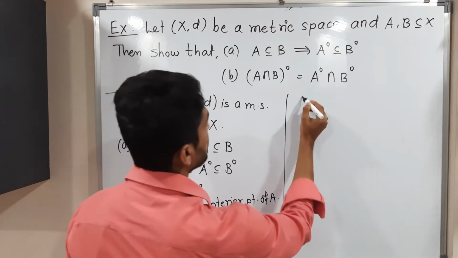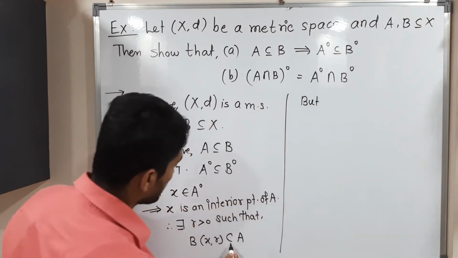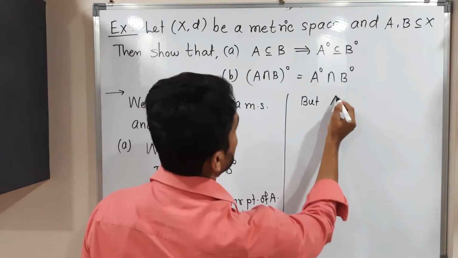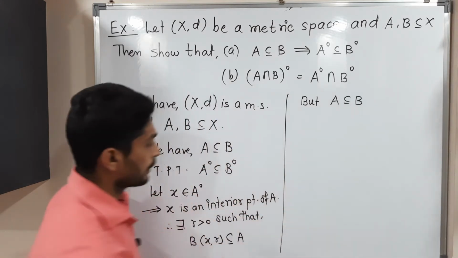But the given thing is A is a subset of B. What we have got?